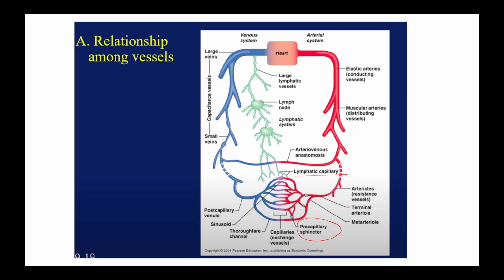Lymphatic capillaries are devoid of RBCs and carry some WBCs and other portions of the plasma, excluding the large proteins, for example albumin, which cannot pass from the capillaries to the lymphatic system.